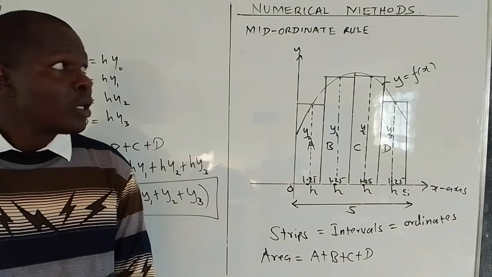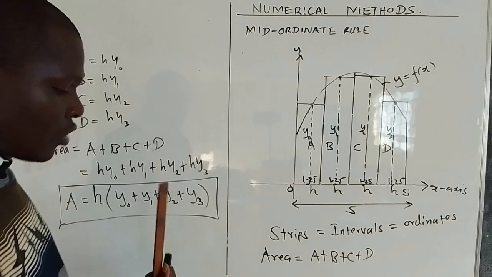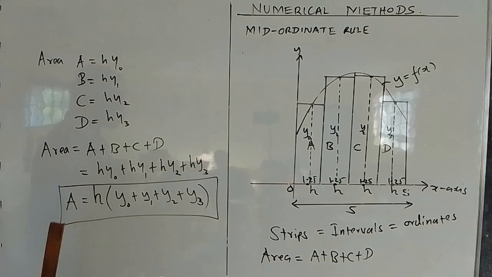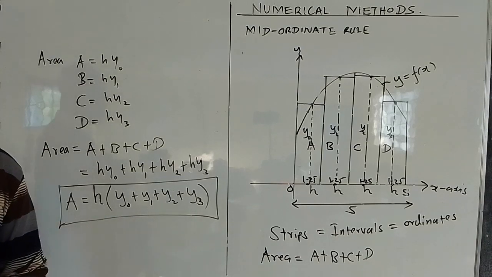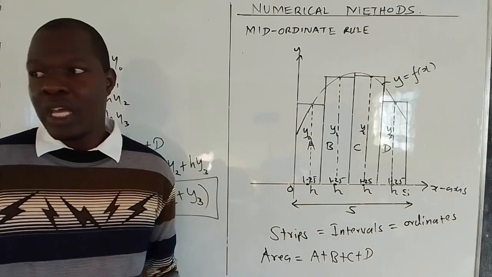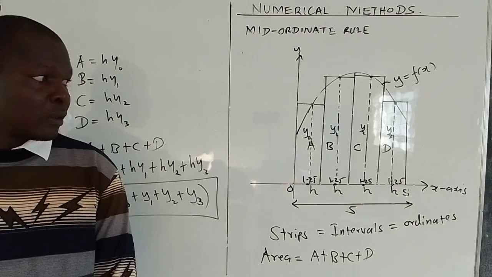Yes. Very good. Now we want to see the next rule, the trapezoidal rule. How do we estimate the area under a curve with the trapezoidal rule? We've seen the mid-ordinate rule is very simple. It is just h times the sum of the ordinates, and you are seeing those ordinates are the ones in the middle. Are we together? Good.